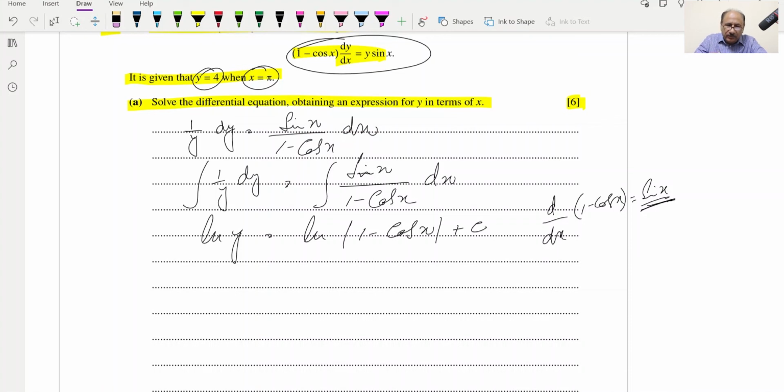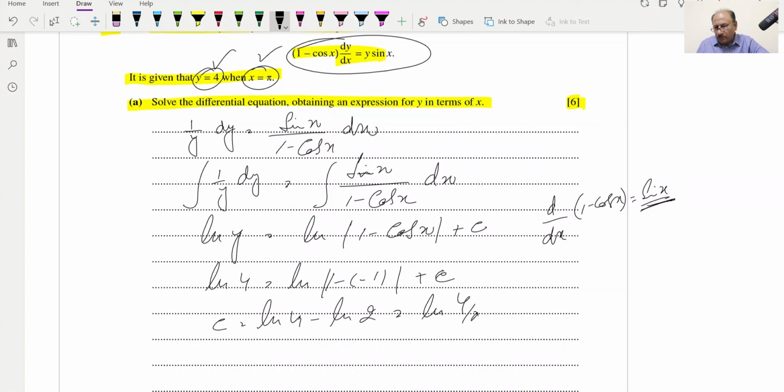Now we can replace these two values, so log of 4 is equal to log of 1 minus cos of pi, and cos of pi will be minus 1, so 1 minus minus 1 will be 2, so plus c, and C will be equal to log of 4 minus log of 2, and this will be equal to log of 4 by 2, which we can write as log of 2.